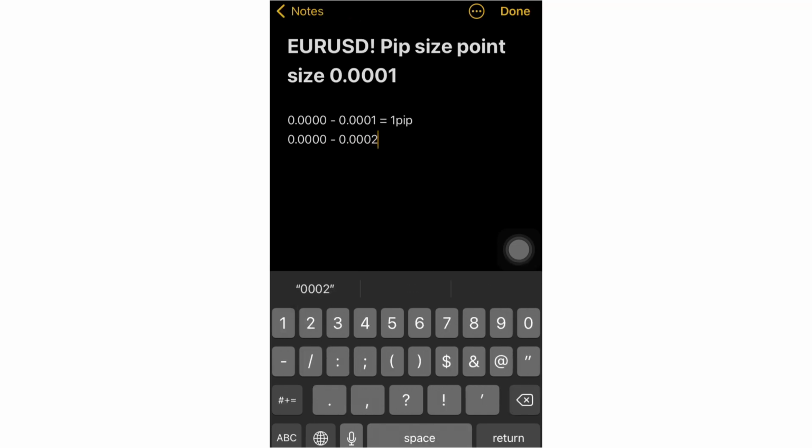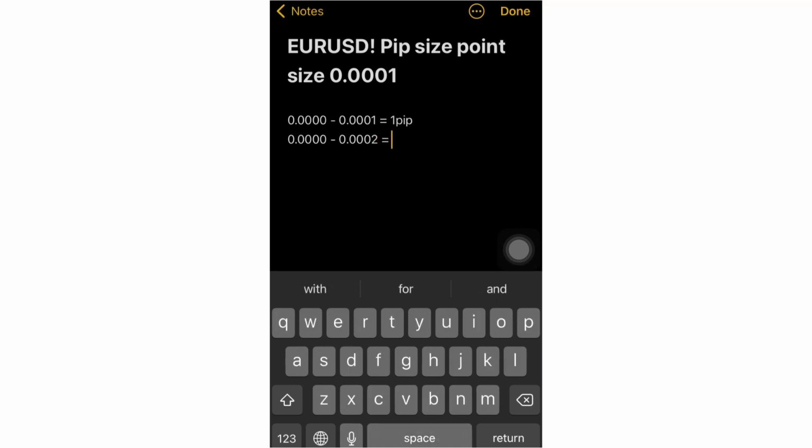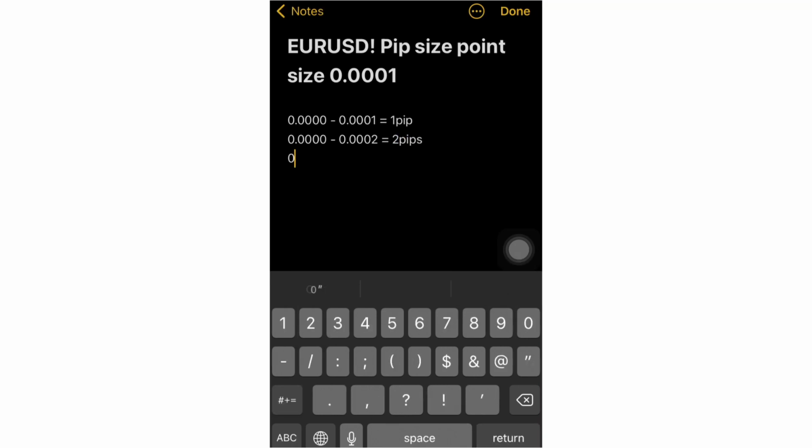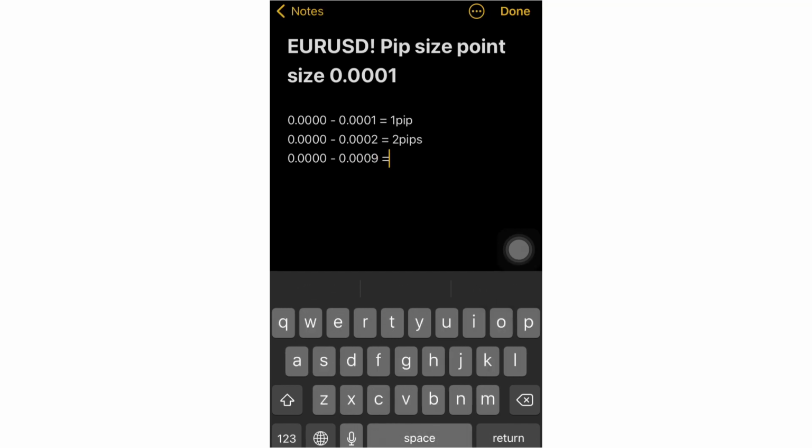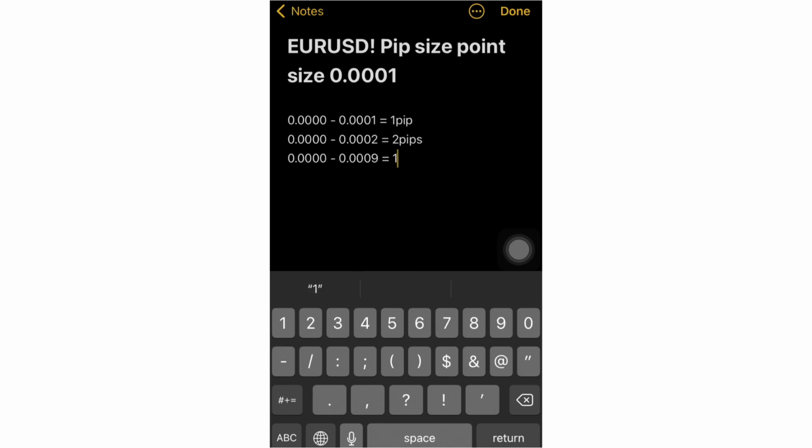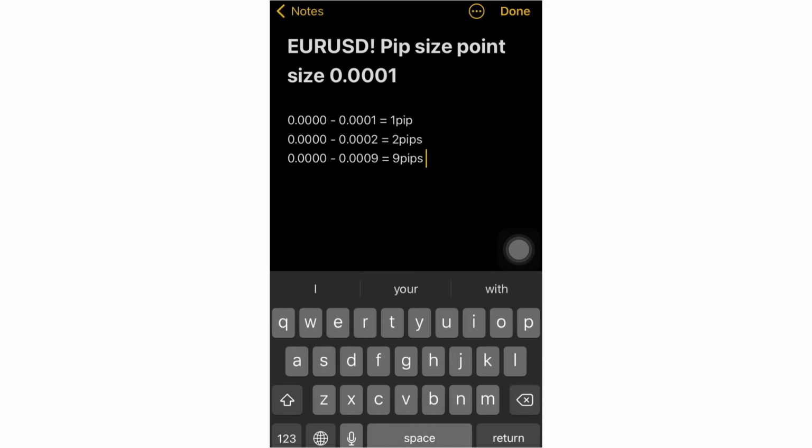So this basically is 2 pips, a 2 pip movement. So we may have it up to 0.0009. I'm showing a very simple way of calculating pips, from 1 pip to 9 pips, a 9 pip movement.